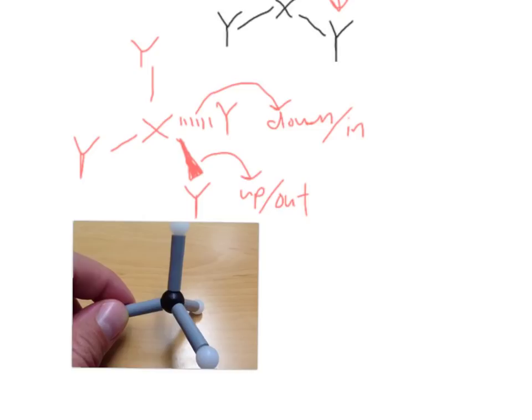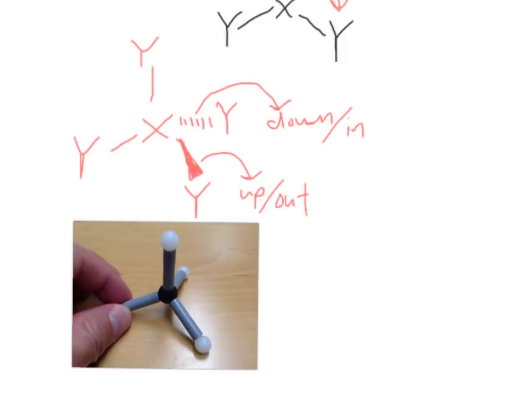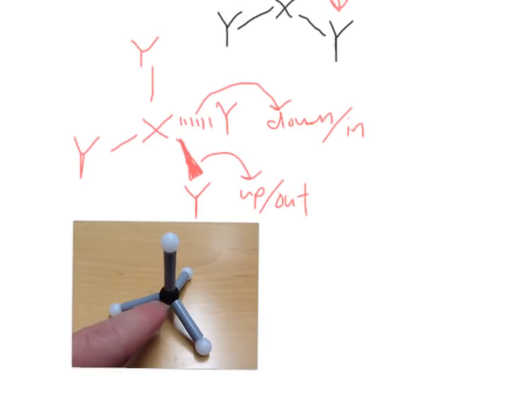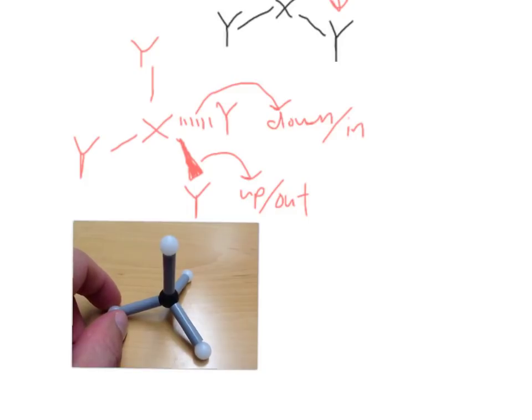Click the video below, and I'll compare the drawing to the video. What's on the screen in this video is that XY_4 type. The black sphere represents a carbon atom, the central atom, and the white spheres represent the bonded atoms.